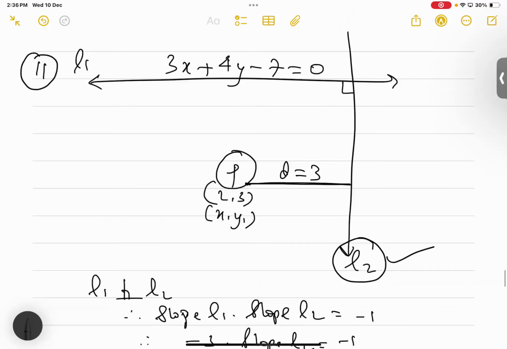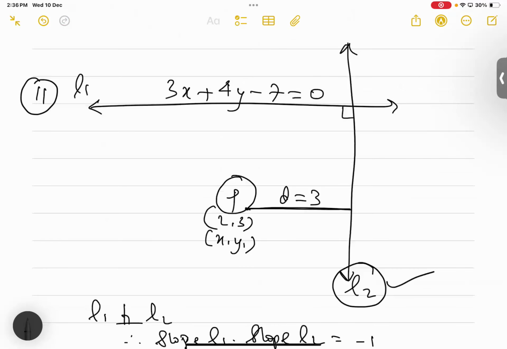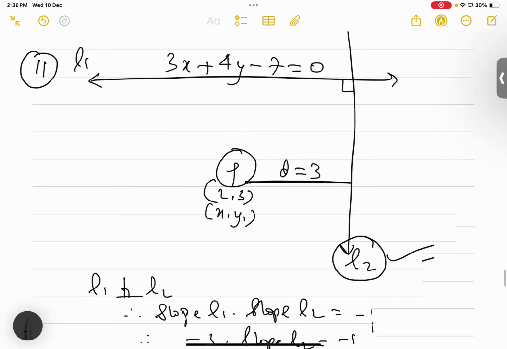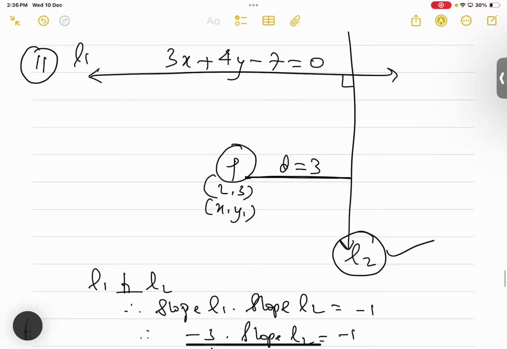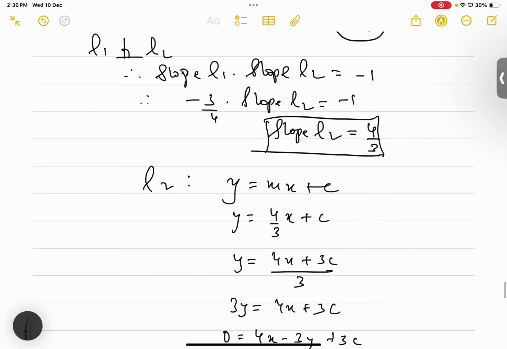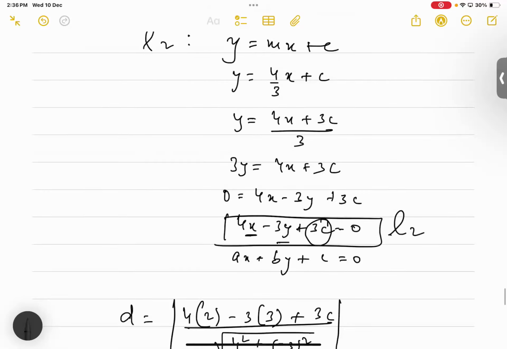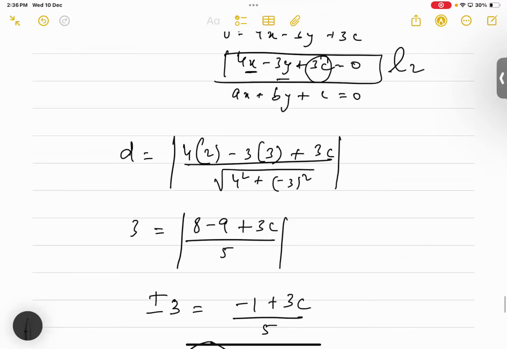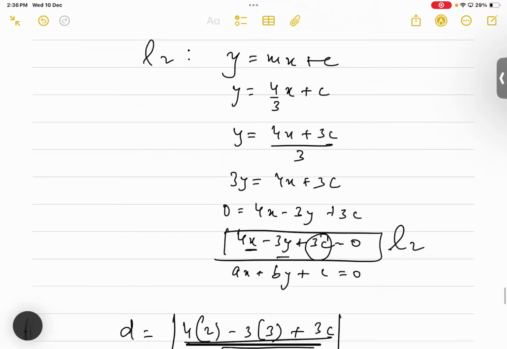Start copying. Everybody's understanding? This part is over? Yes, this part is over. Try and understand the question and the diagram also.